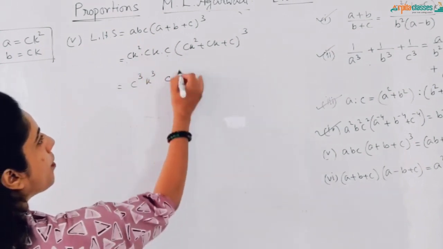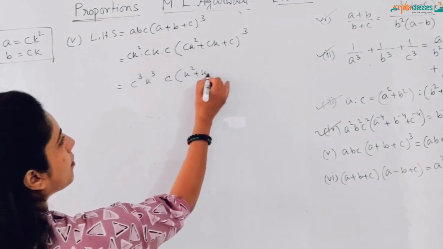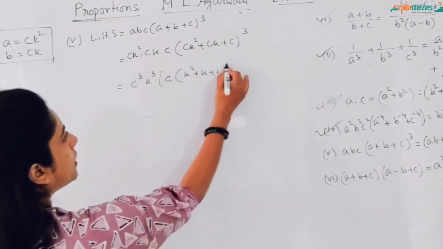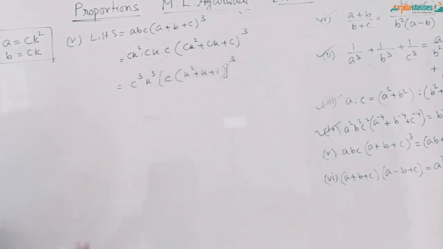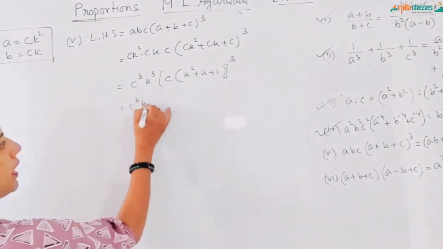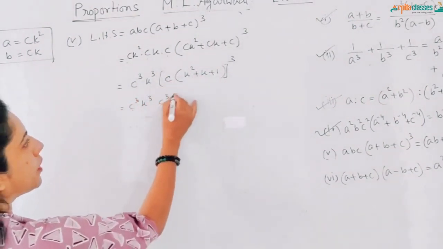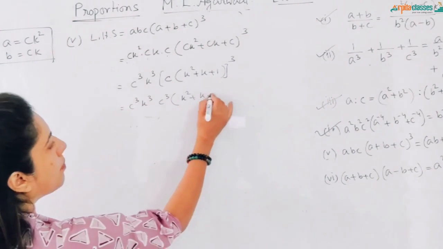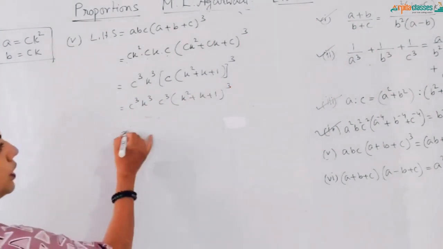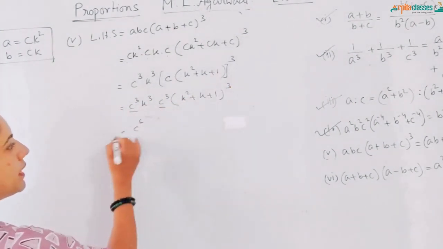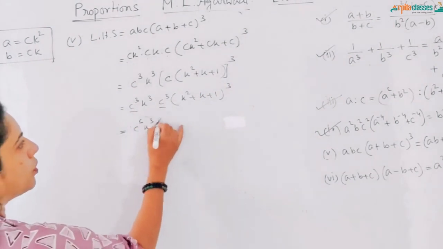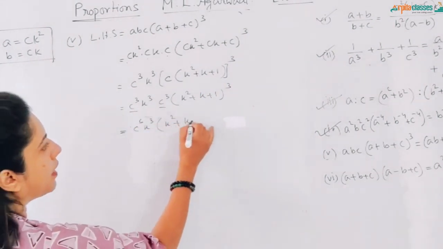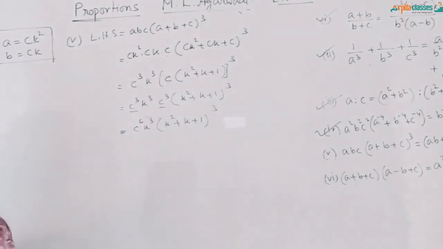You take c common from here, it will be k square plus k plus 1 and this whole thing has a cube. So we are getting c cube k cube, this is again c cube, k square plus k plus 1, the whole cube. So c cube and c cube will give me c^6 k cube whole into k square plus k plus 1, the whole cube. So this is what we get from the left hand side.